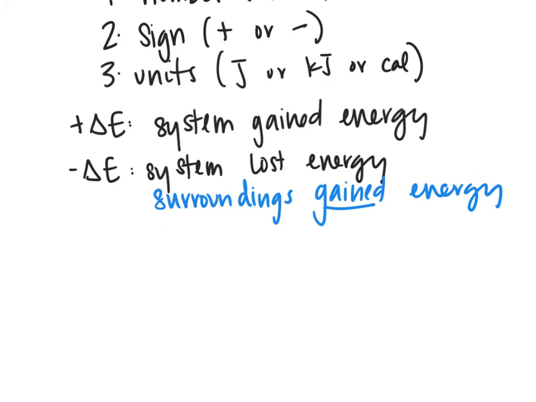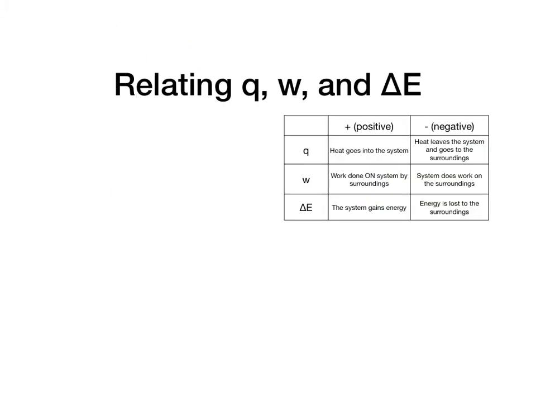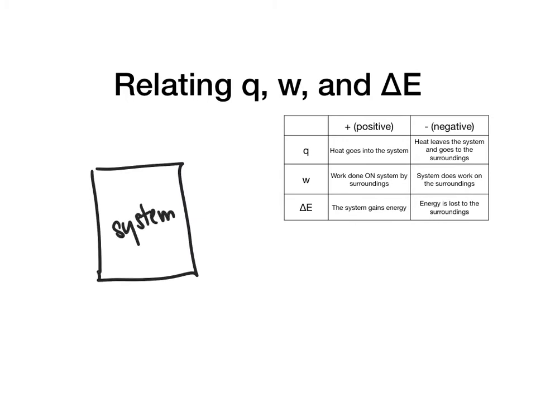So when we think about Q plus W and delta E, we can look at this table. If we have a box where we have a system, outside of that will be the surroundings.